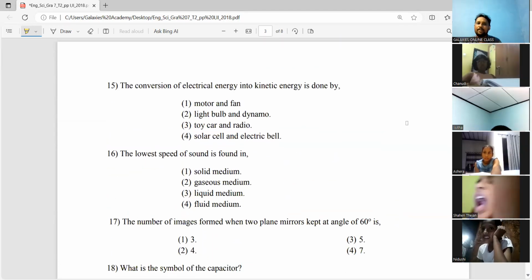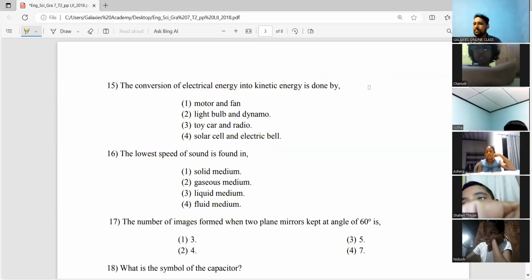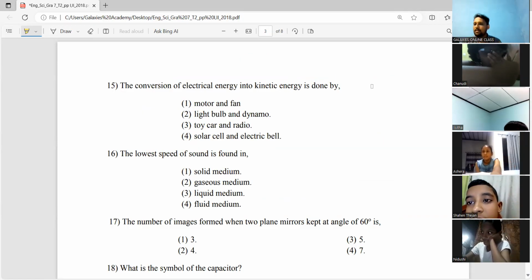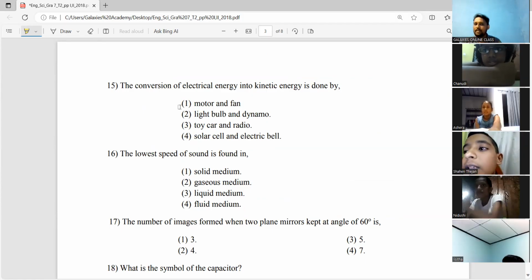Right, number 15, look at. The conversion of electrical energy into kinetic energy is done by. Right, electrical energy converts to kinetic energy. Can you tell me what type of objects contain kinetic energy? Moving objects, no? Moving objects. Right.